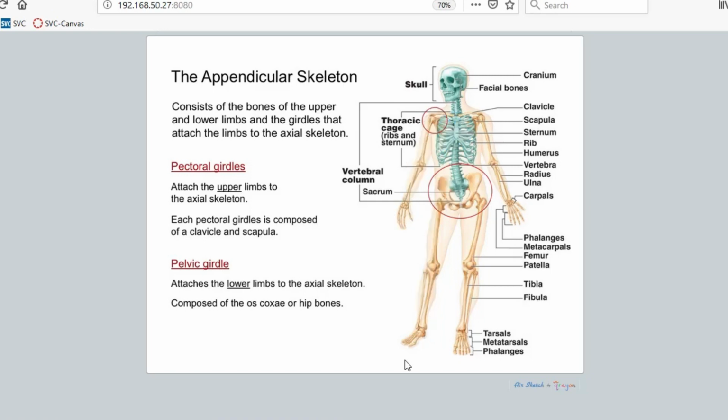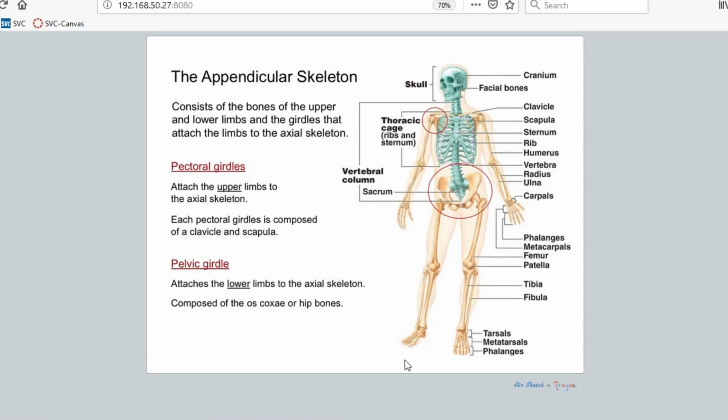So if we look at the arm, these are the bones of the arm, which are part of the appendicular skeleton. But we also have these girdles here, these two bones that are attaching this upper limb to the axial skeleton there.